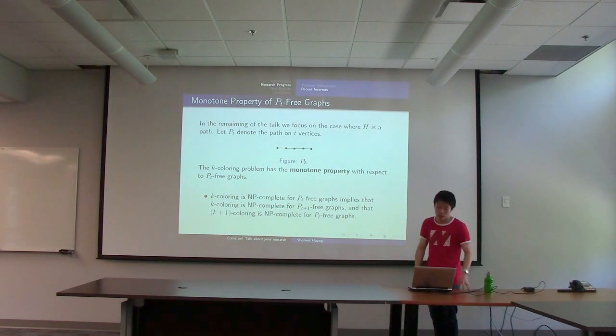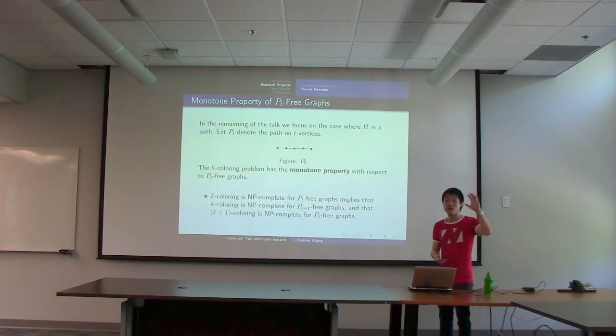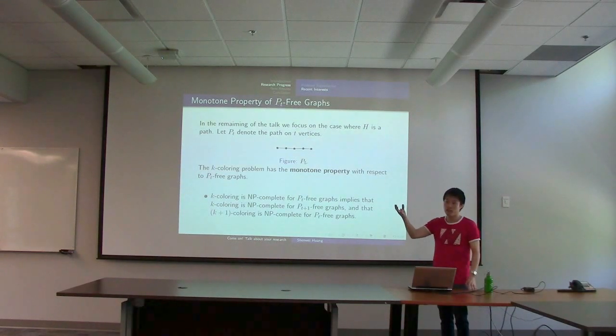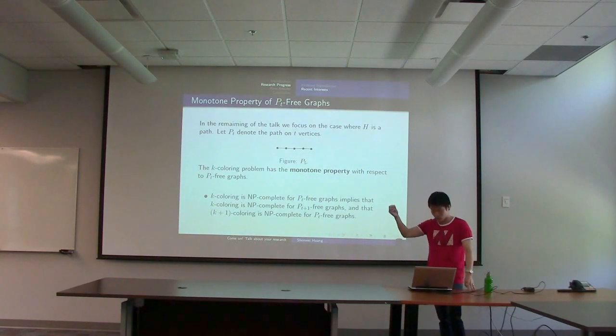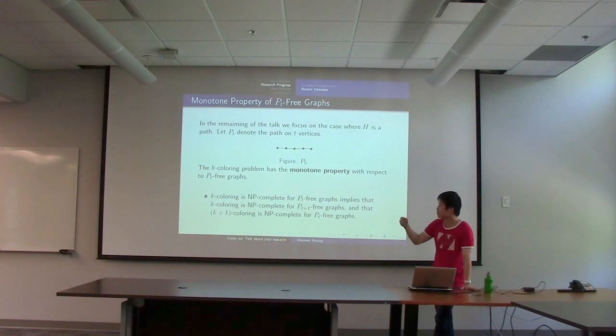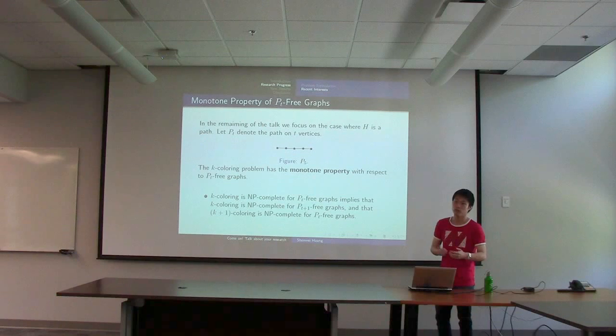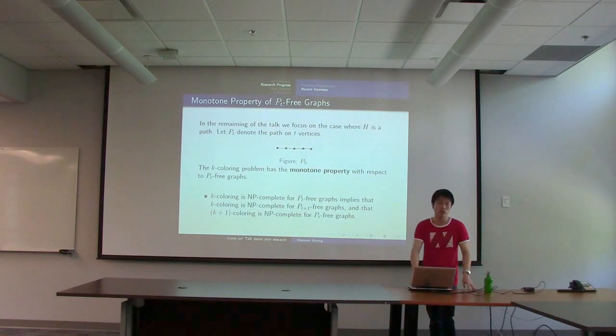And (K+1)-coloring is also NP-complete for P_t-free graphs. You can have an easy reduction. Suppose you have a G which is P_t-free, then you just add one vertex and connect it to every vertex in G. Let's call the new graph G prime. Then it's easy to see G prime has a (K+1)-coloring if and only if G has a K-coloring. And further, because G is P_t-free, so is G prime.